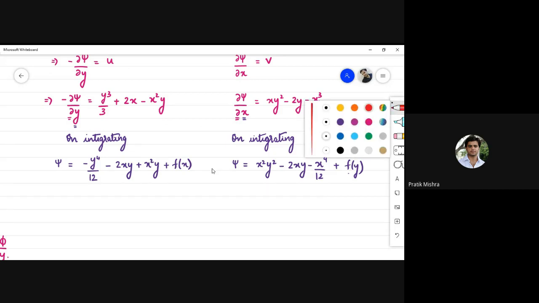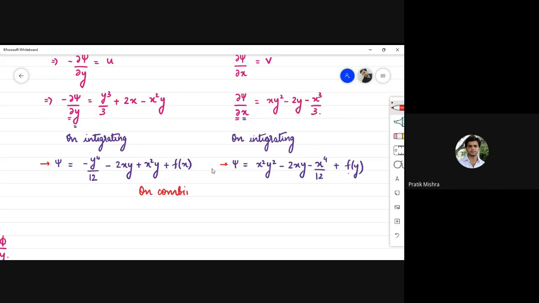अब here we have two expressions of psi. How to combine two different expressions of psi to get the final result? On combining these two expressions in order to obtain the final result of psi, first आपको ये देखना है कि कौन सी terms common है.